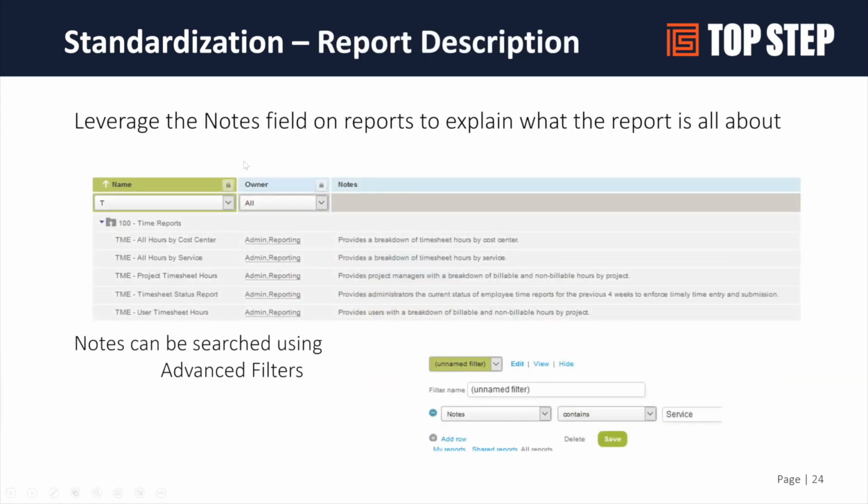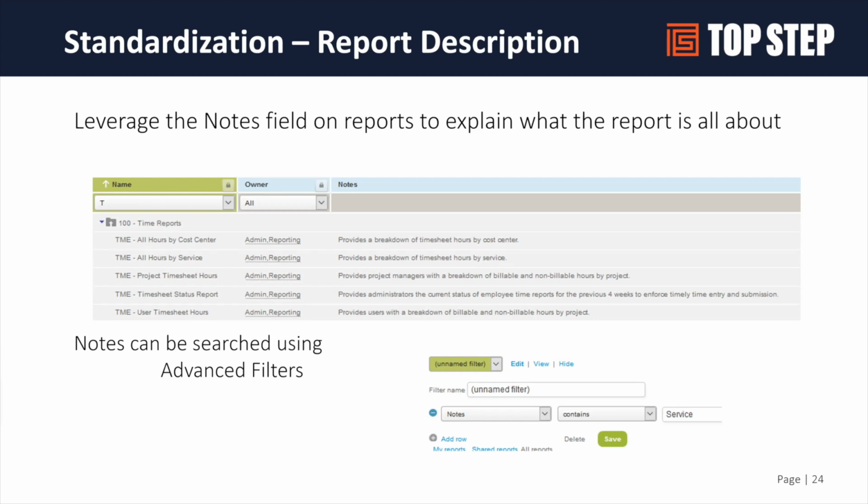Notes field. So there is a notes text area field within the reports, and this is a great opportunity to maybe put a description of what the report does, or even a few keywords in that notes field, tags that you could use as well, because those notes fields become word searchable in advanced filters.